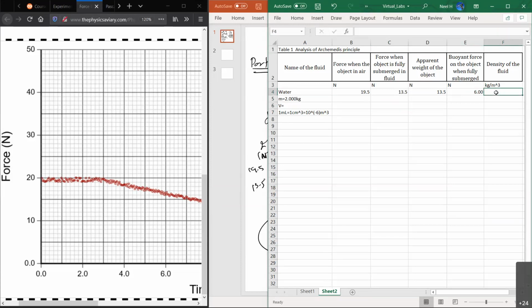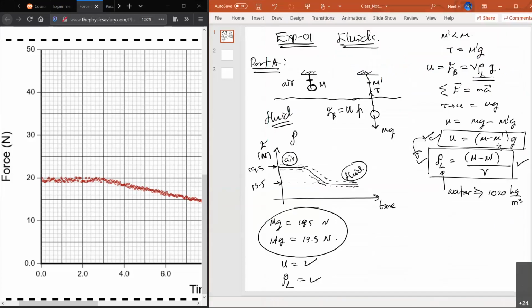To calculate the density, what do you need? You need the difference between masses and then divide by volume. If you take the difference between the weights, then you have to divide by volume times gravity. Remember that.